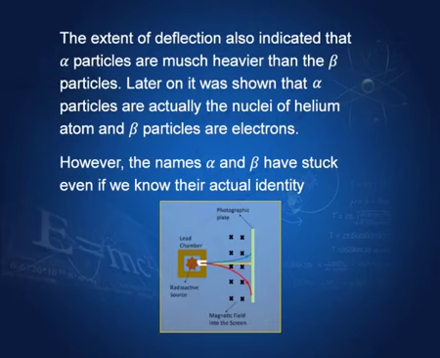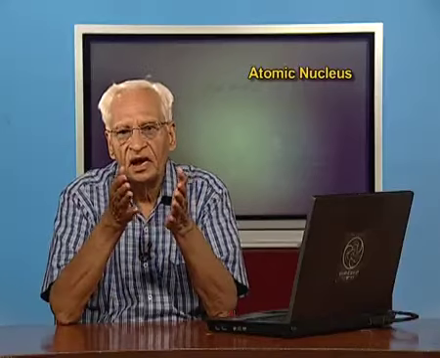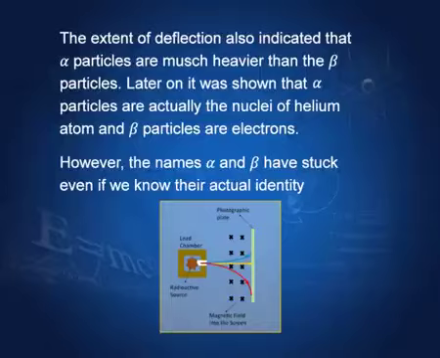So, the particles deflecting in the upward direction were concluded to have positive charge, and those which deflected downwards had negative charge. The radiations were emitted by a radioactive material placed in a lead chamber, and they were passed through a magnetic field.